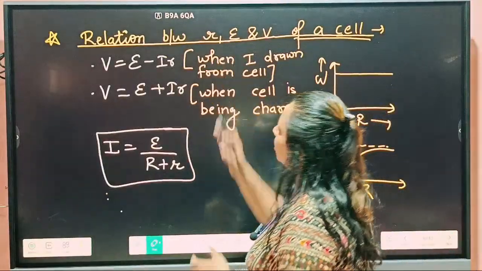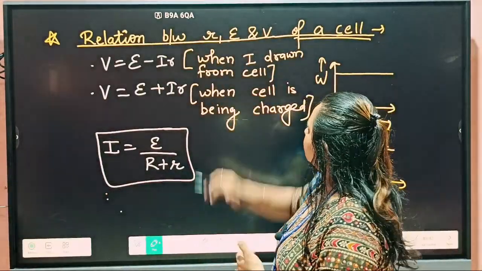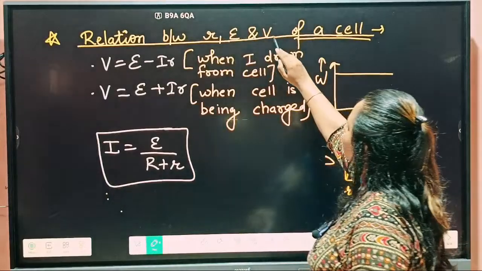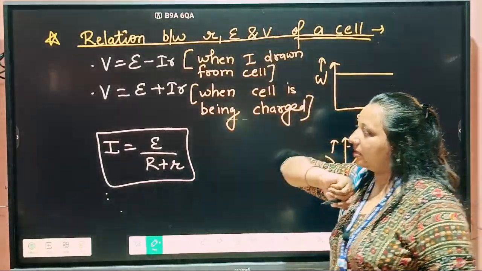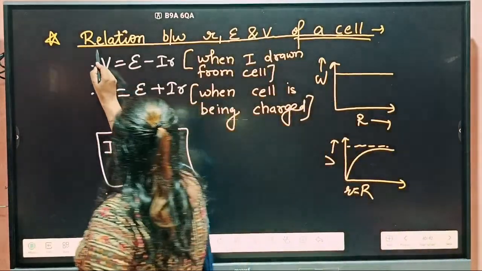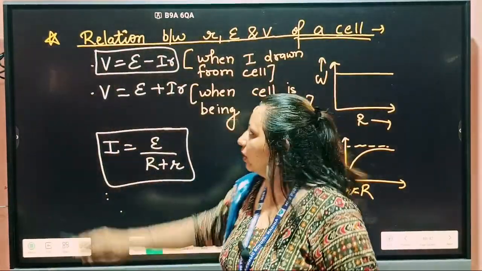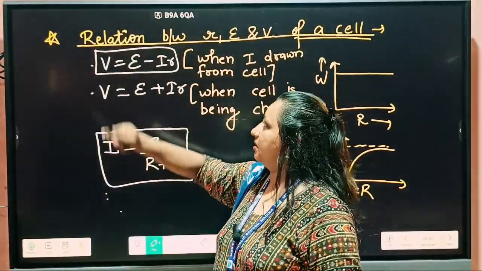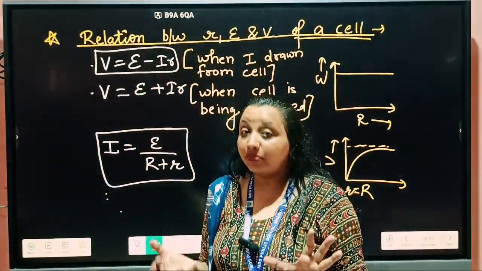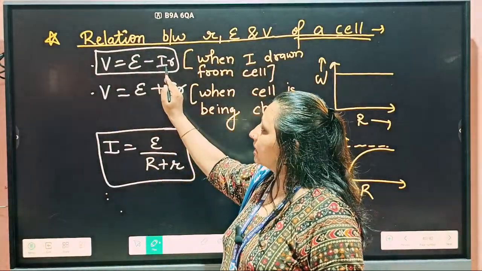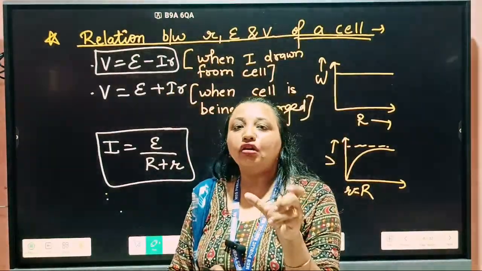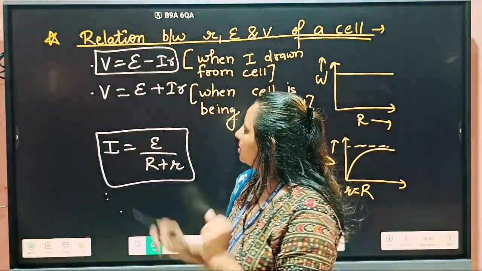There is a relation between internal resistance, EMF, and terminal potential difference of a cell. What is the relation? V is equal to E minus IR. Here V is the terminal potential difference, E is the EMF, and IR is the product of current and internal resistance.